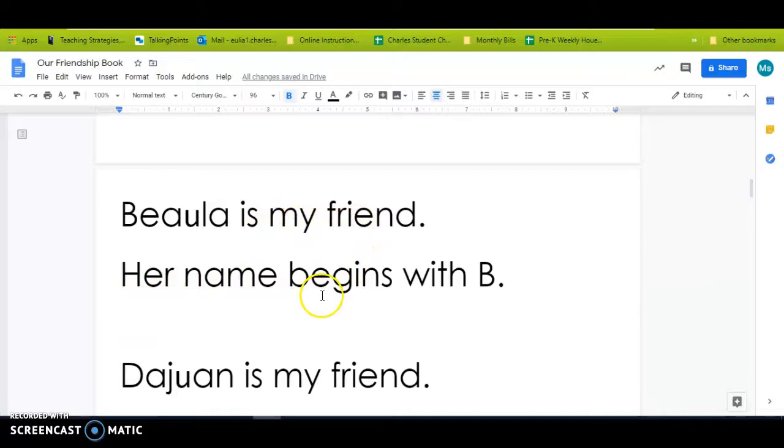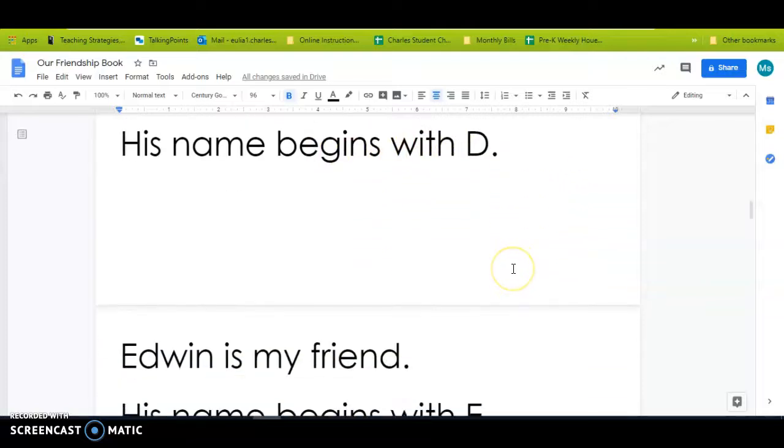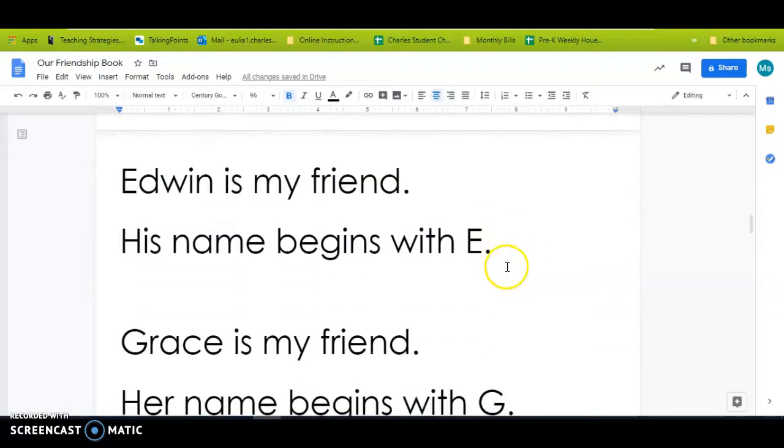Her name begins with B. Dewan is my friend. His name begins with D. I hope you're helping me read and touch each word as Miss Charles reads, okay? Edwin is my friend. His name begins with E.